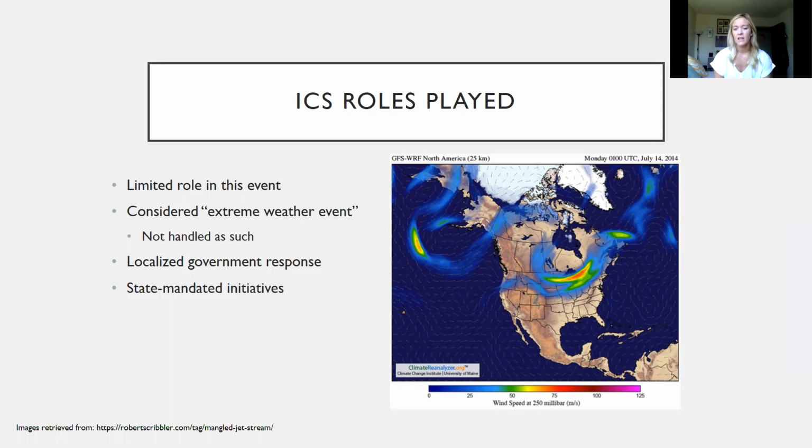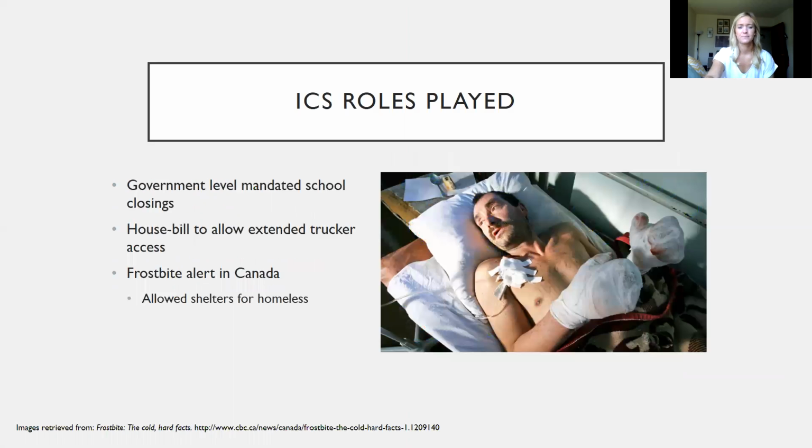And as far as I could tell doing research, there really was no incident command system set in place other than the emergency preparedness on a national scale, which implies providing resources to localized governments and what they need. And we'll talk later about a House bill that was enacted that was really seen as a national response.